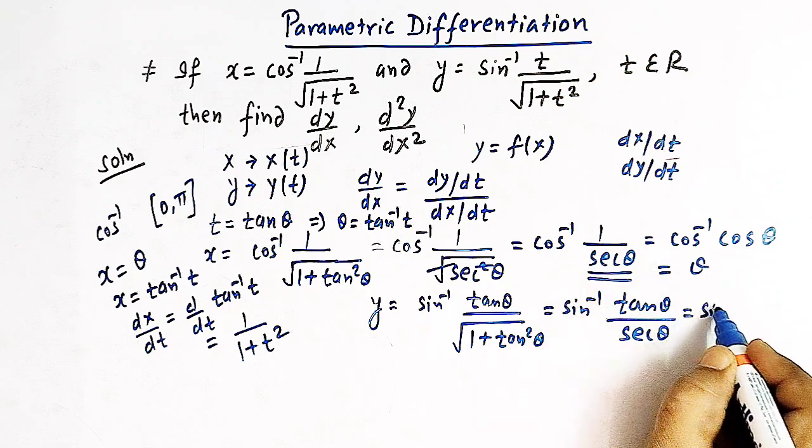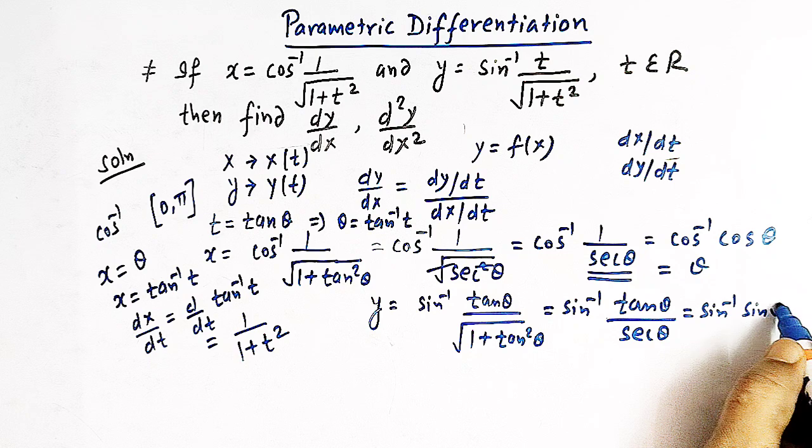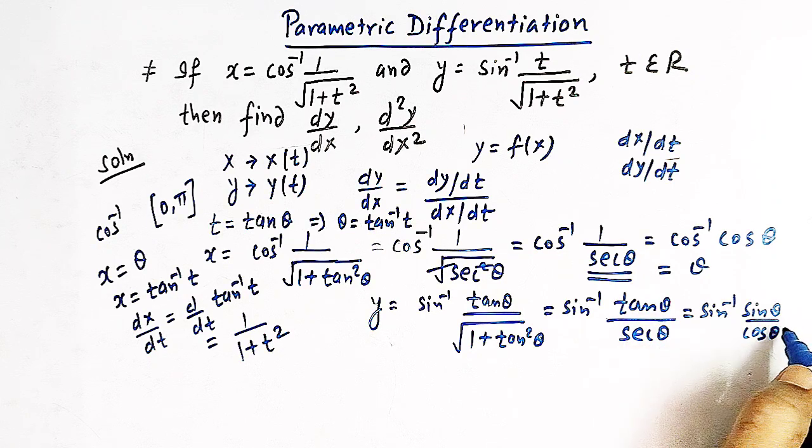So we have sine inverse, tan theta is sine theta over cos theta, and 1 over secant theta is cos theta.